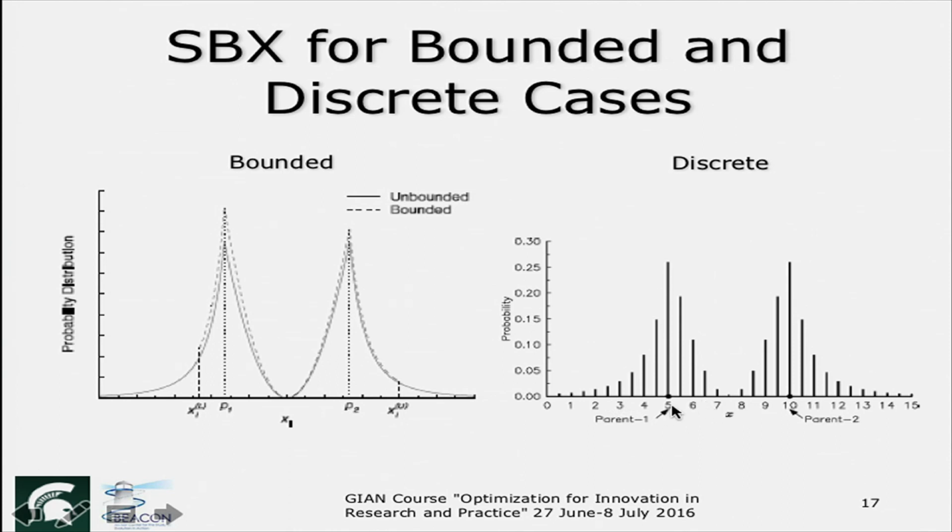If I have to apply this between 5 and 10, or 2 parents, any of these numbers that you see with the line is allowed, and their probabilities of creating a child are shown here. So you will be creating 6, 4, 4.5, 5.5 with a large probability, and similarly near the parents a large probability, and as you go away from them in either direction, your probability reduces. So you can also apply this for discrete variable spaces.